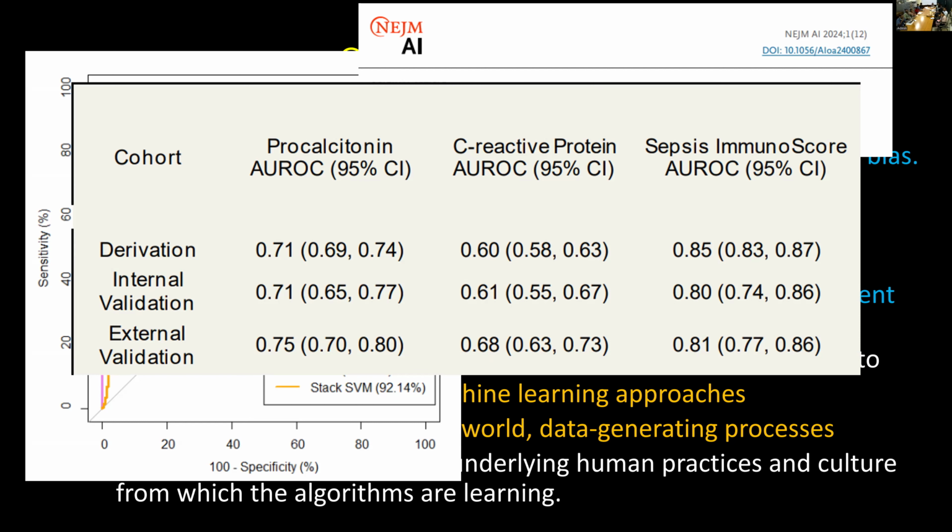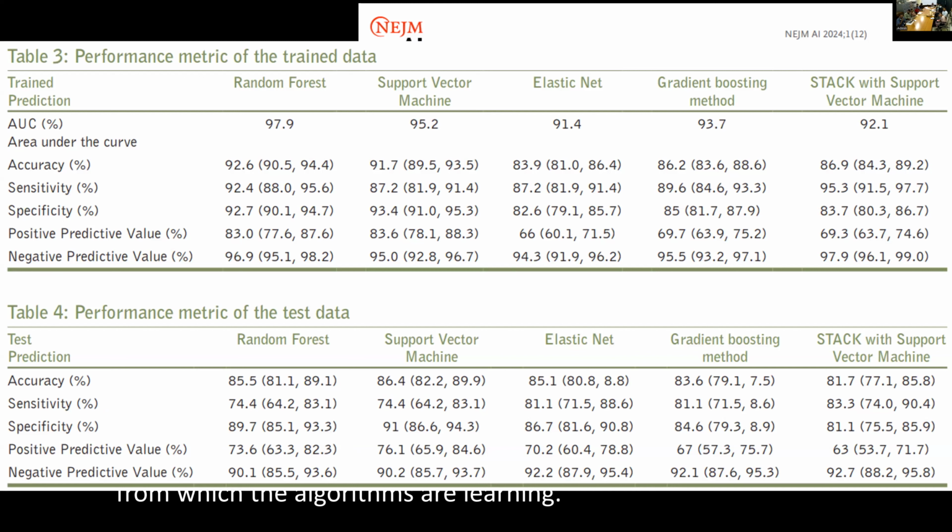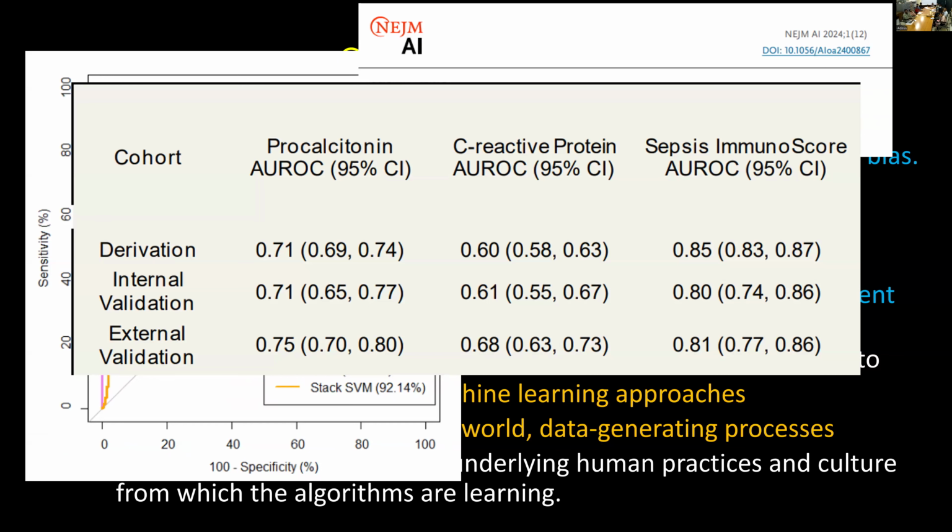So now I'm going to share with you what we did in medicine 2. We took our sepsis data set and we divided it into 2. I don't want you to look at the whole thing. The top half is the training data set. The bottom half is the testing data set. The same thing which I showed you earlier: derivation and validation, external validation.